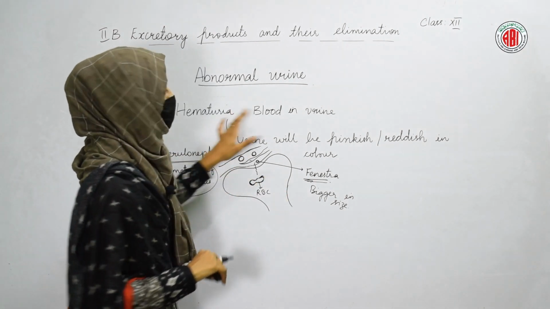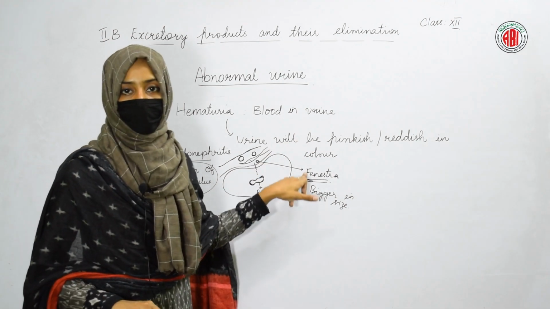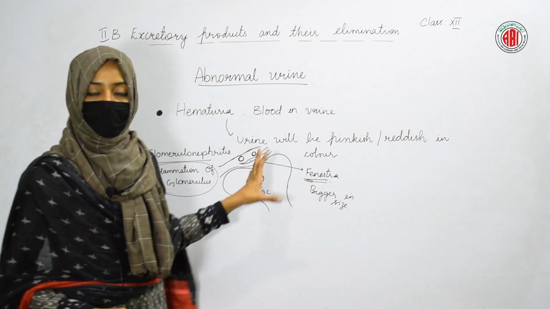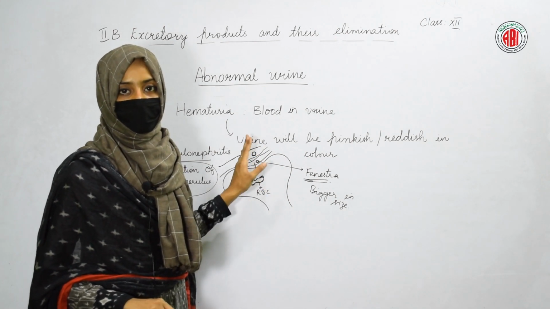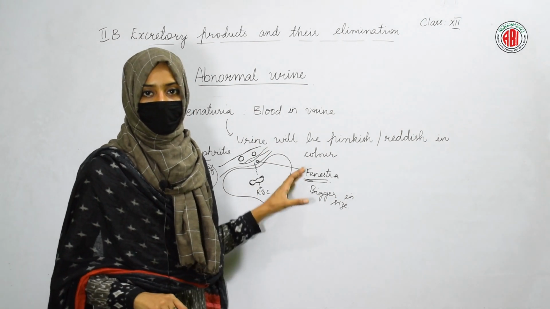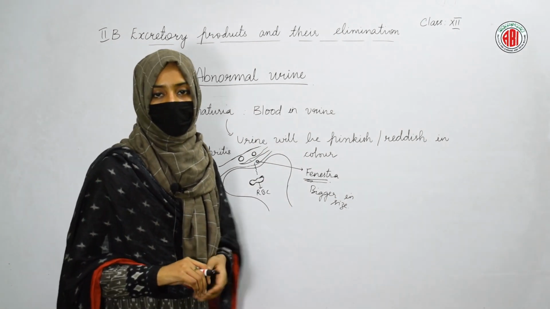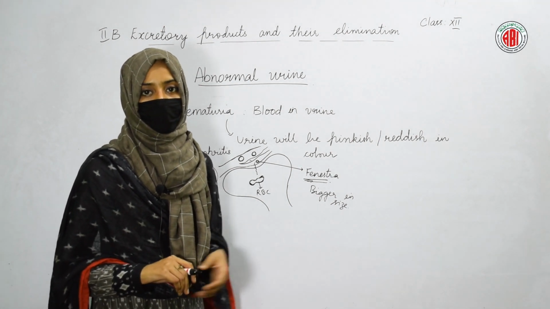This is how we see blood in urine, due to the release of RBCs because the fenestra gets bigger. The red blood cells present in the filtrate can easily enter the Bowman's capsule, and from there reach the collecting tube where the urine formation takes place, and the blood is also released in the urine.